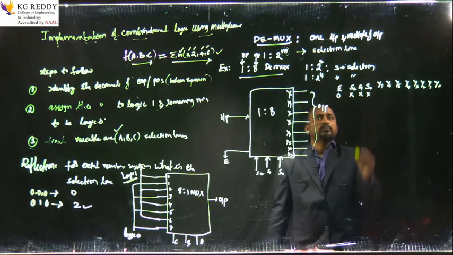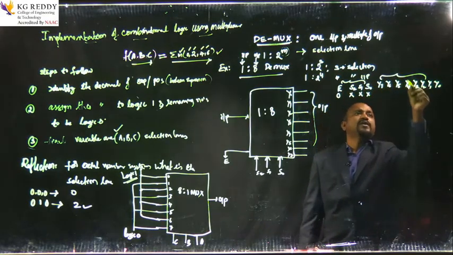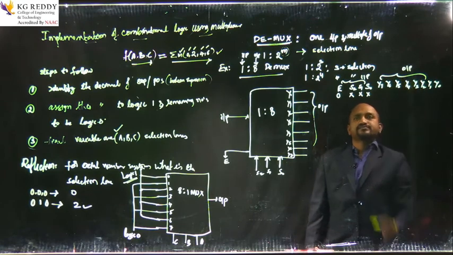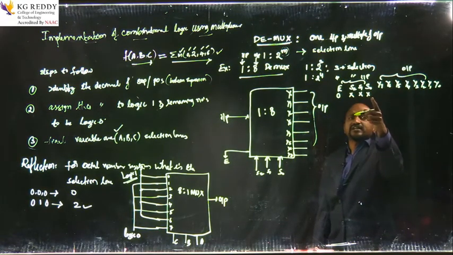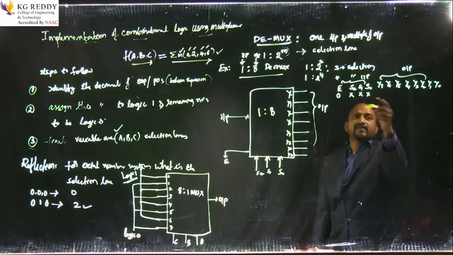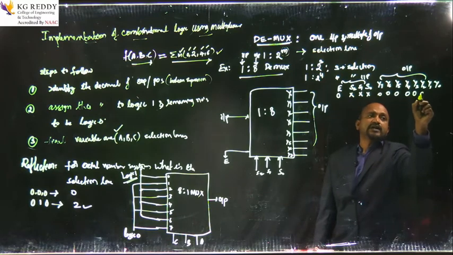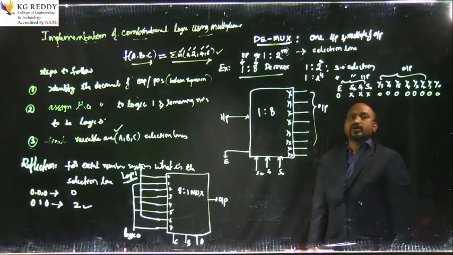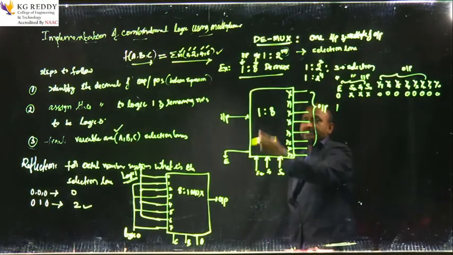If the enable bit is 1, it means the demux is enabled.